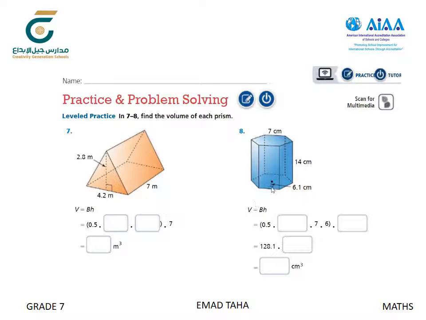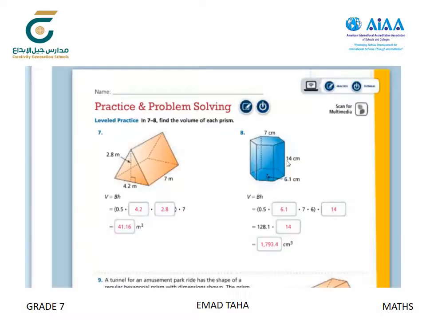How many triangles in a hexagon? A hexagon has 6 identical triangles. So if we want to find the area of a triangle, it is half times base times height, and the area of the hexagon equals 6 times the area of one triangle.